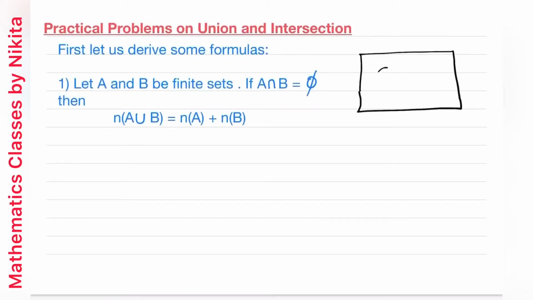This is your set A, this is your set B, because both A and B are disjoint, and the rectangle is your universal set.